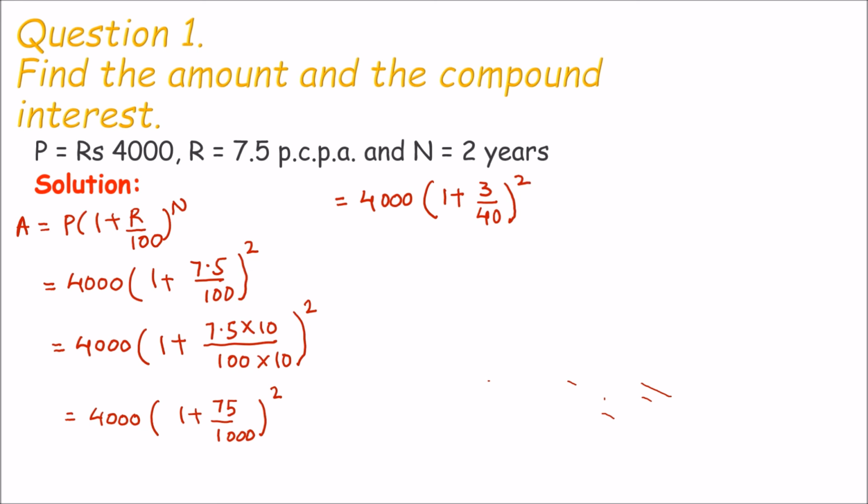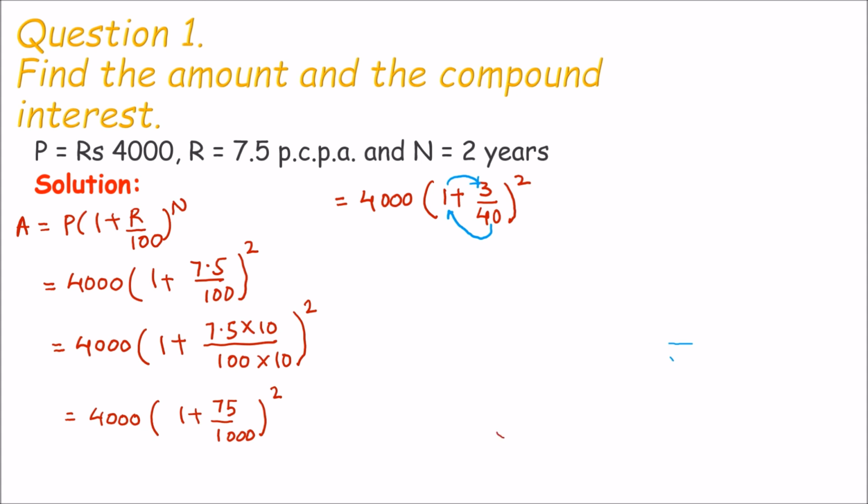Now how to simplify this? How to add 1 and 3 upon 40? Let's see how to add. 40 into 1 is 40 plus the numerator, that is 3. So 40 plus 3 is 43.